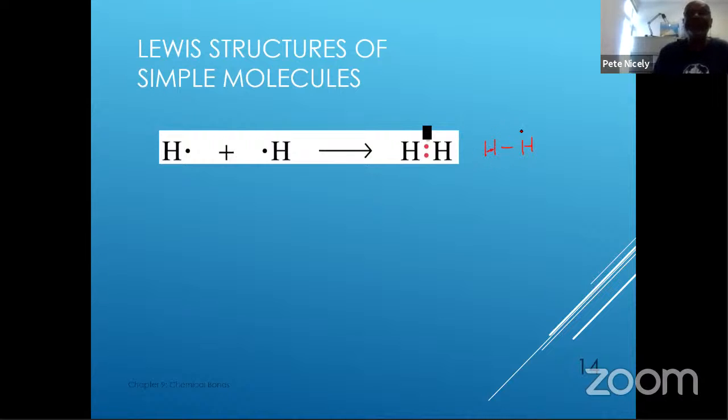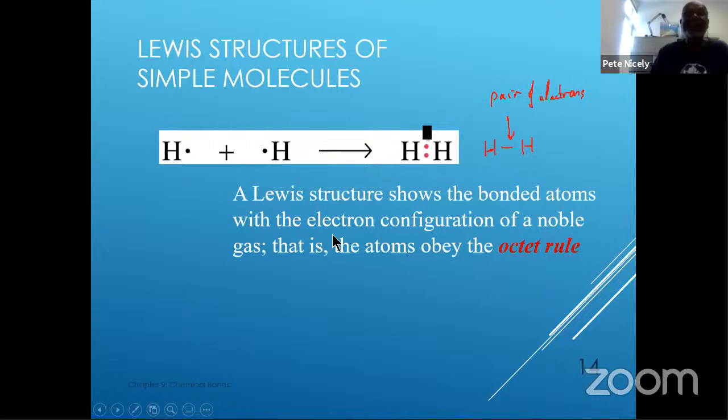Where this line represents a pair of electrons. So that's the Lewis symbol for the hydrogen molecule. But of course, there are more complex molecules than hydrogen, so we're going to apply this concept to such molecules, right?